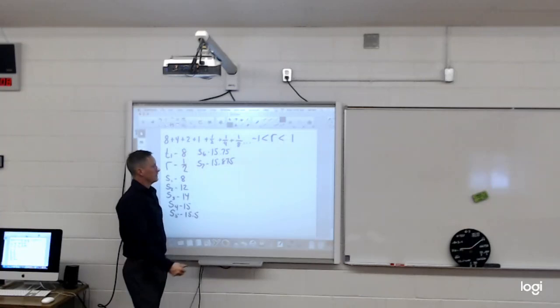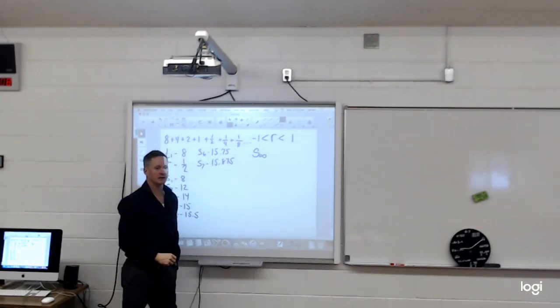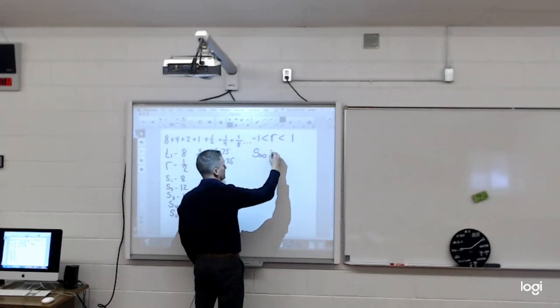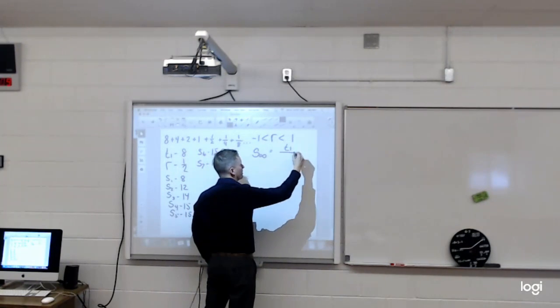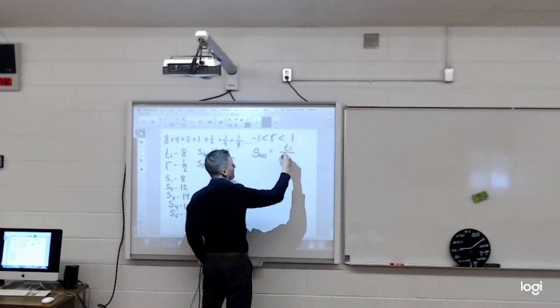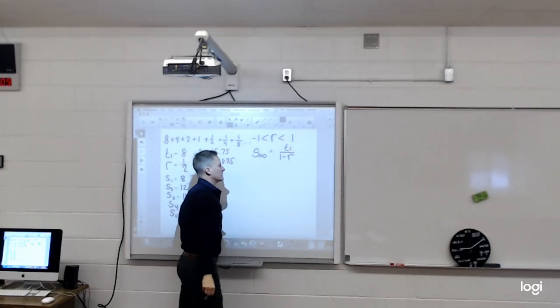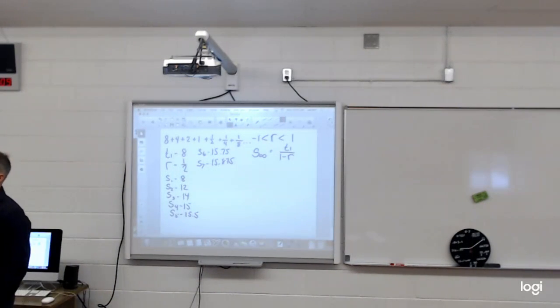So this is how we find the sum of an infinite geometric sequence. The infinity sign you've seen when we do the ratios. So the sum of an infinite geometric sequence is t to the 1 over 1 minus r. Is it going up because 8, 12 is going up by 4, and then 2, and then 1, and then 0.5?